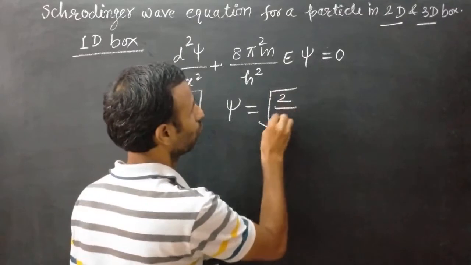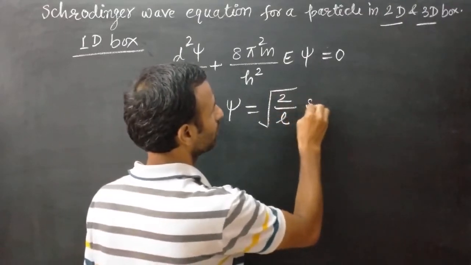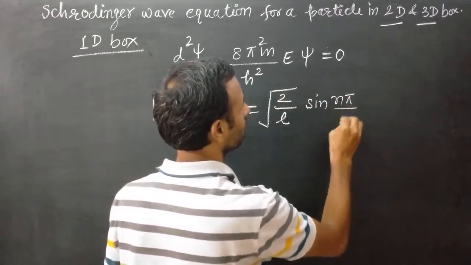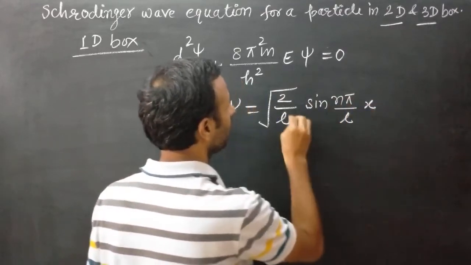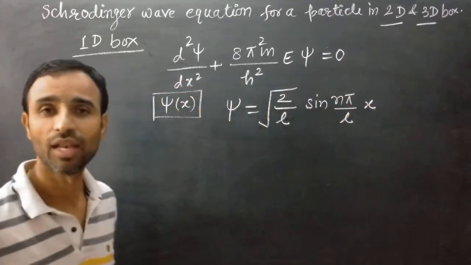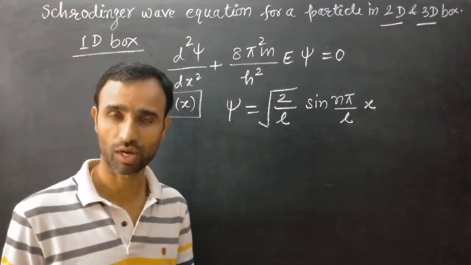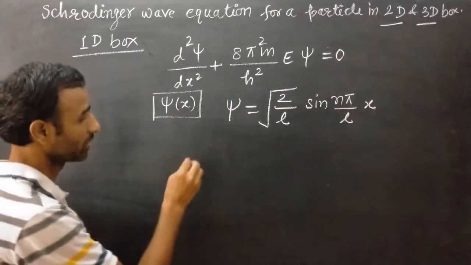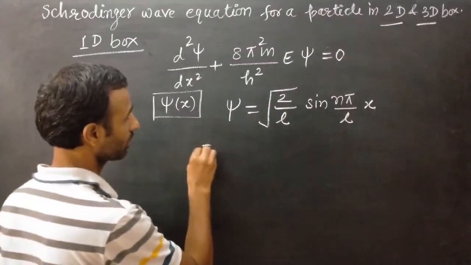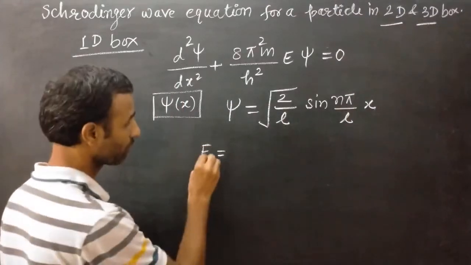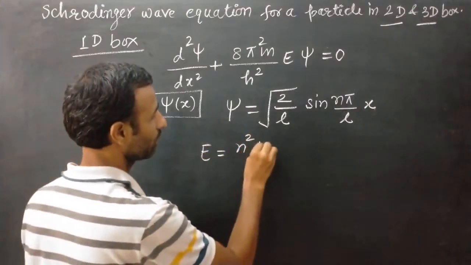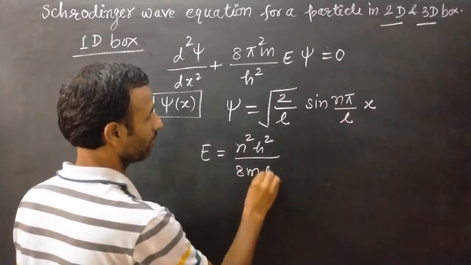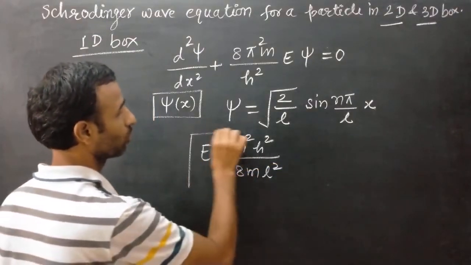From this relation we have calculated psi equal to root 2 over L sine n pi over L into x, and this L is the length of the box along x axis, right? At the same time the total energy we have calculated, that is n square h square over 8 m L square. This is the total energy.